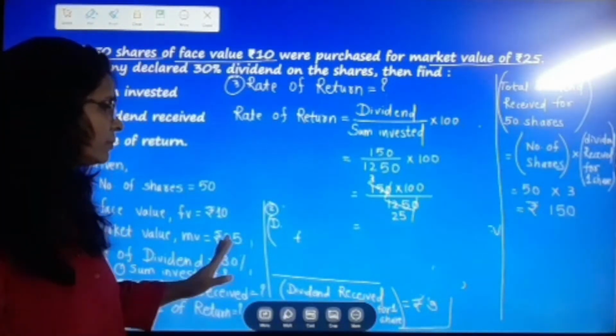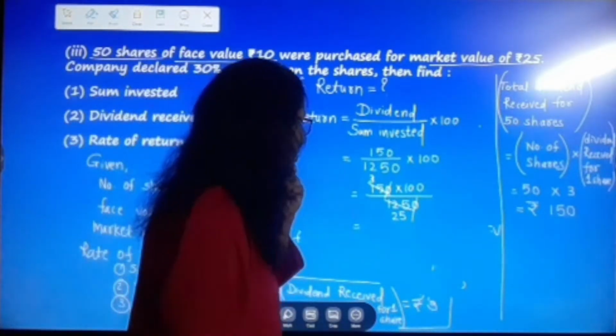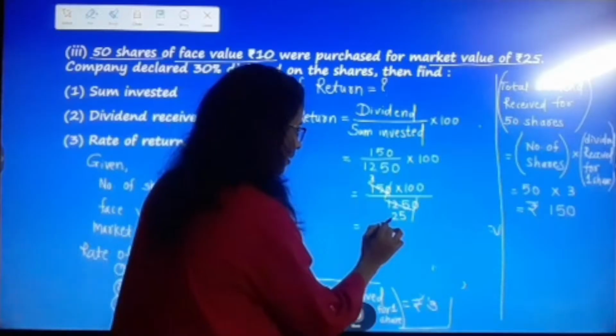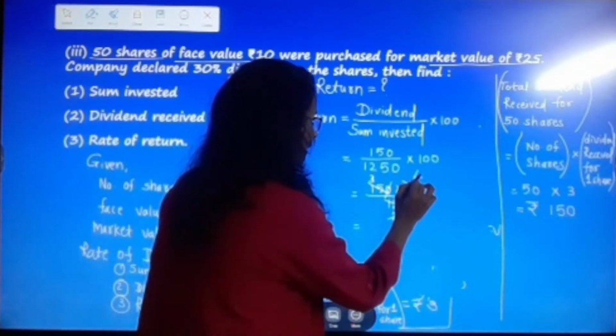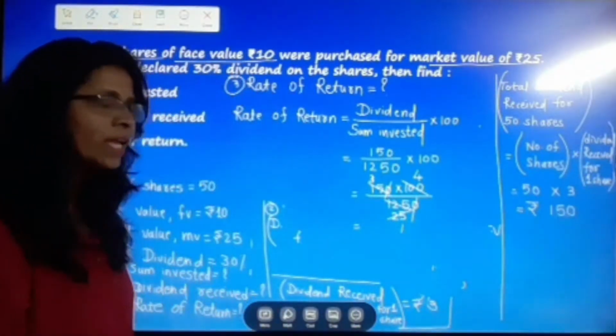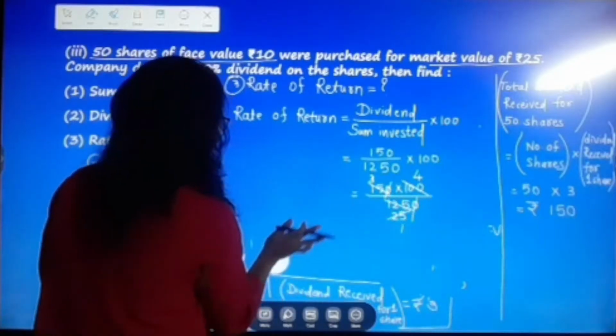Then 25 ones are 25, and 25 fours are 100. So this is the rate of return.